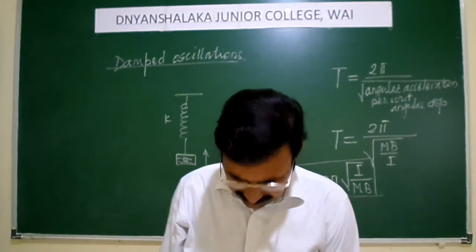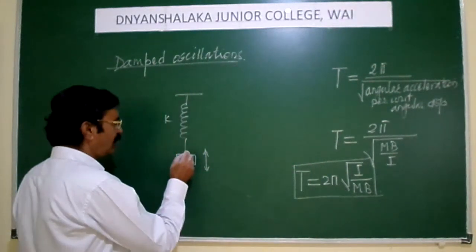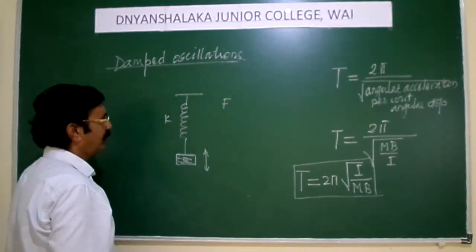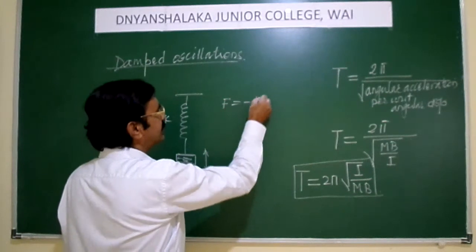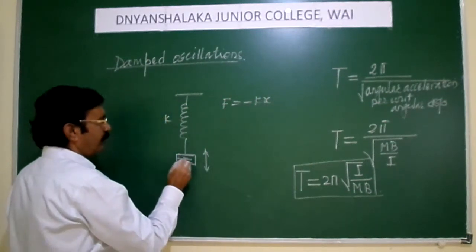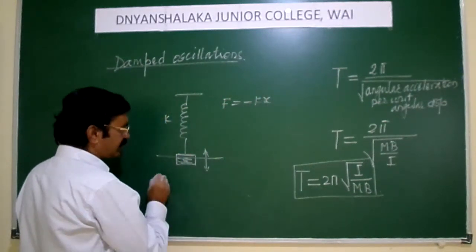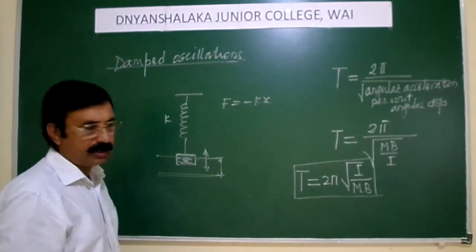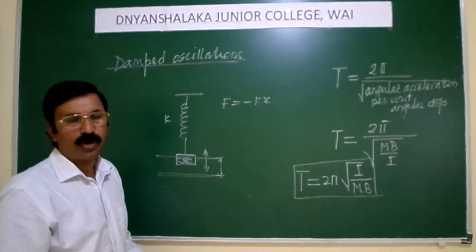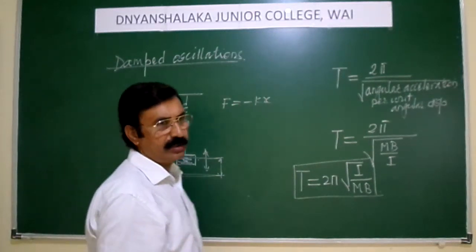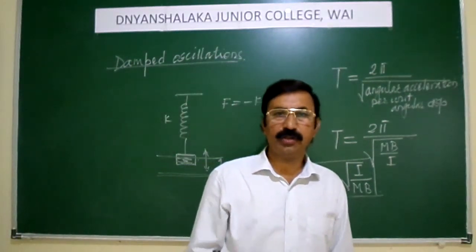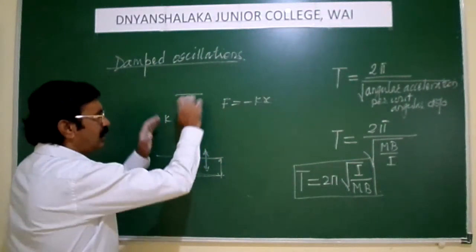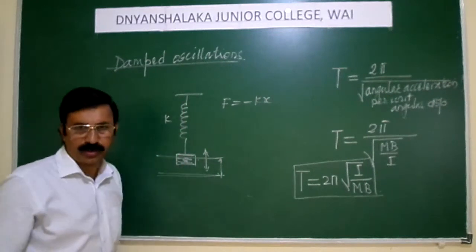In this case, F is equal to minus kx, where x will be the displacement of the mass from the mean position either in the upper direction or the lower direction, where k will be the force constant, or it is also called the spring constant. This is the normal oscillations going on.